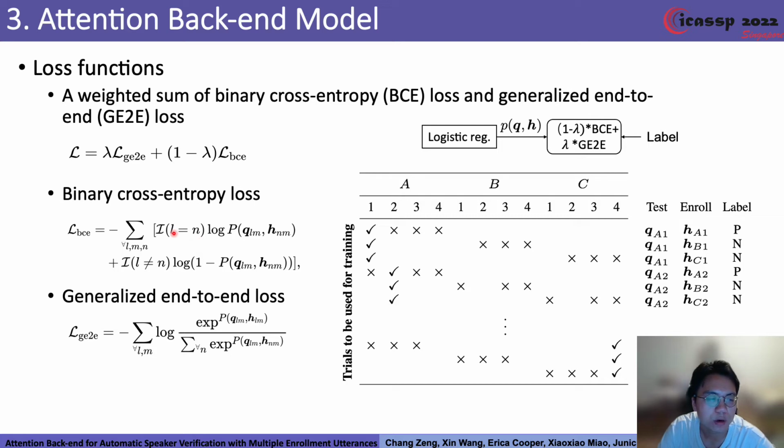If the testing speaker and the enrollment speaker are the same, this indicator function will return 1, otherwise it will return 0. As for the generalized end-to-end loss, it can maximize the between class distance, meanwhile minimize the within class distance.